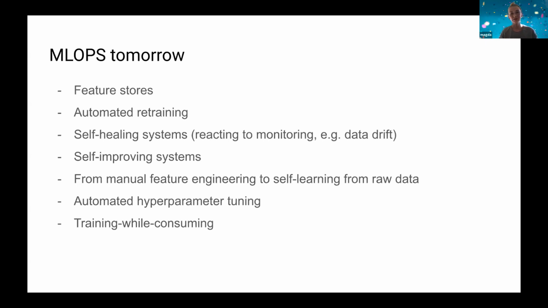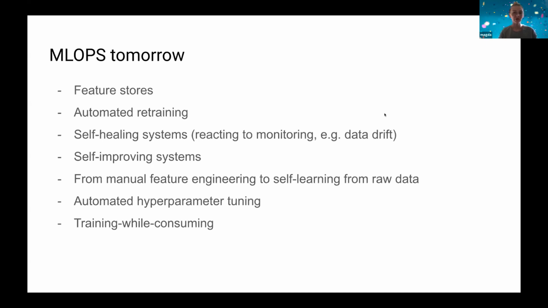In self-healing systems, the idea would be that you have monitoring set up to monitor, for example, the data drift or the model drift, and then an automated system to correct that and give feedback to the data part of the pipeline. If we look even further into the future, we could look at self-improving systems, not only systems reacting to monitoring in order to prevent damage and regression, but also systems that are continuously looking for training the models to become better and finding even more optimal parameters and stuff like that.